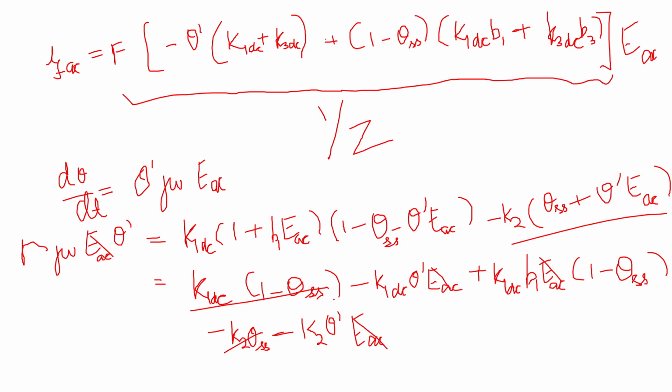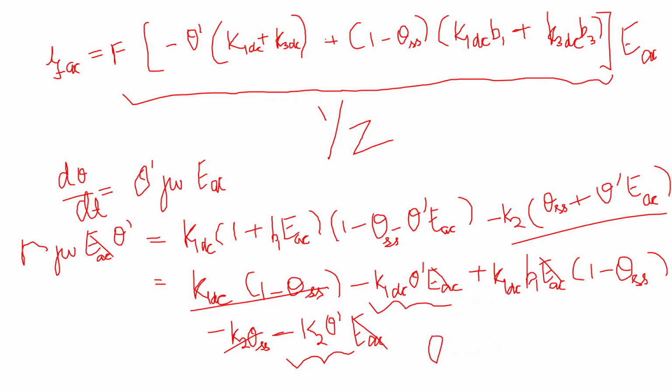Now what can we do? We can take the terms with theta dash to the other side. That is, K1 dc theta dash and K2 theta dash go to the other side. What will be left on this side will be K1 dc B1 into (1 minus theta ss).